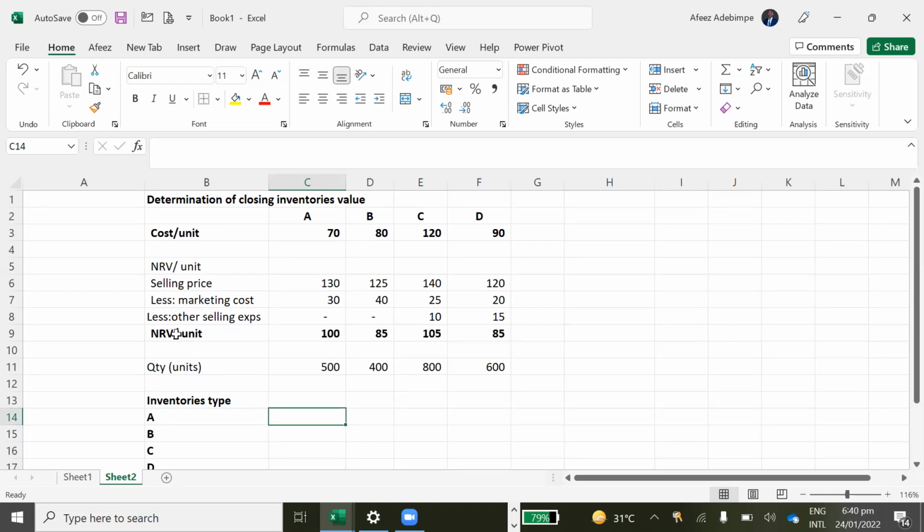We have NRV to be 100 naira per unit. Don't forget, inventory is measured at lower of cost and net realizable value. When you compare 70 to 100, which one is lower? 70. Then to get your value, you say the lower, which is 70, times quantity.